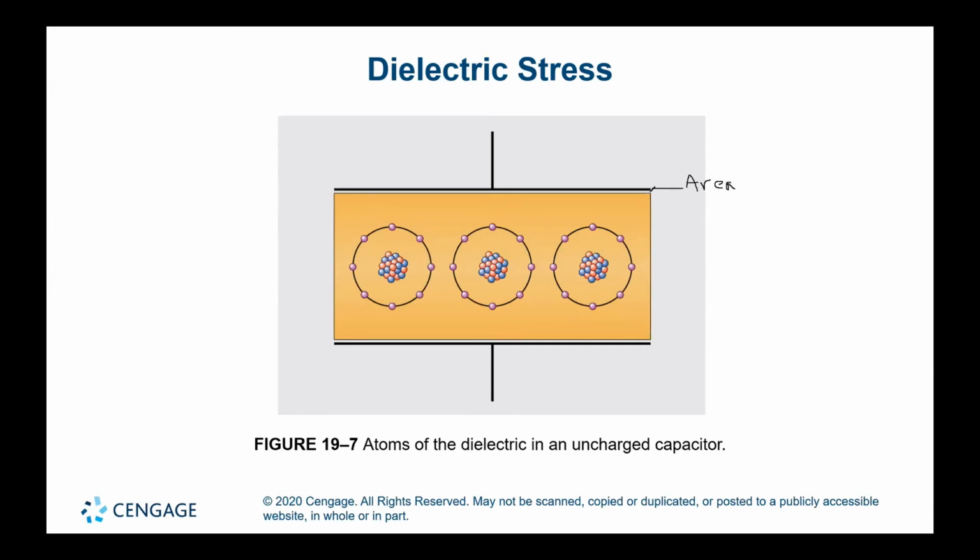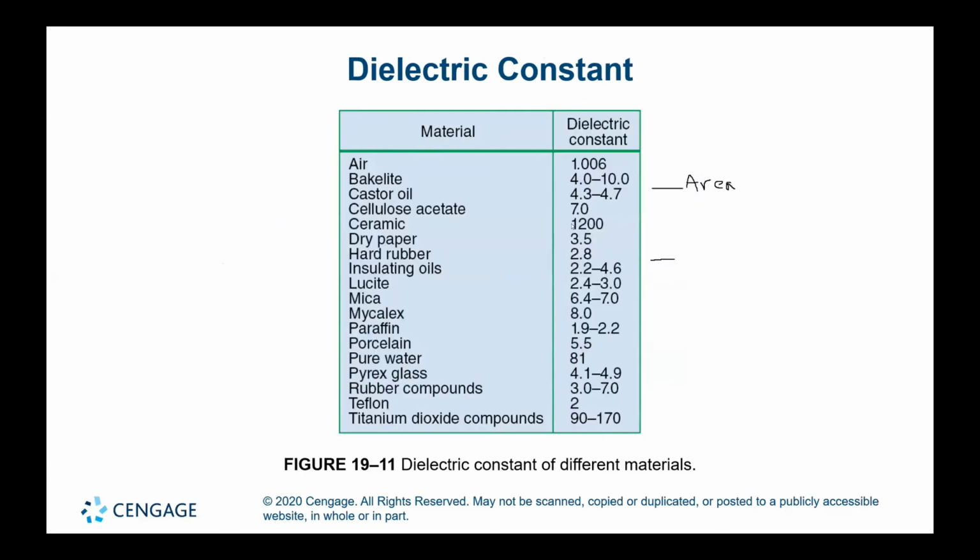The other one will be the type of dielectric material. So if we go one slide back, you can see that the dielectric constant, which is equal to 1, our reference point, is air. And then different materials like bakelite or castor oil have different dielectric constants.